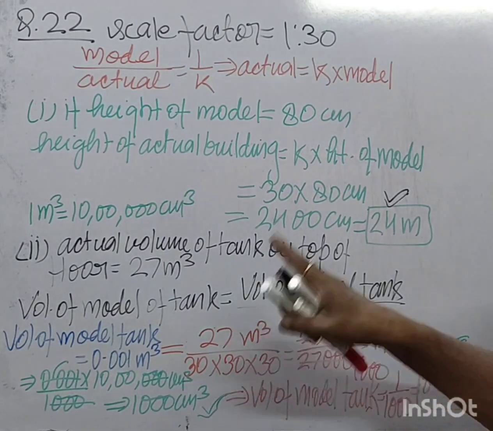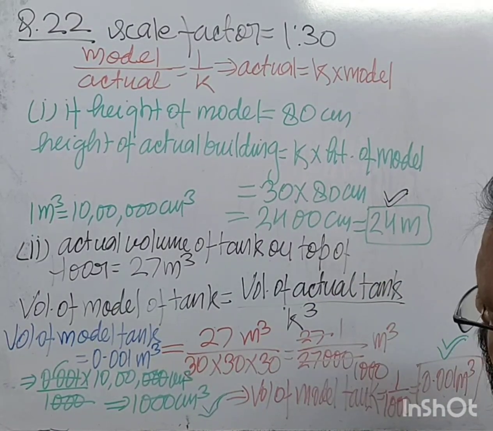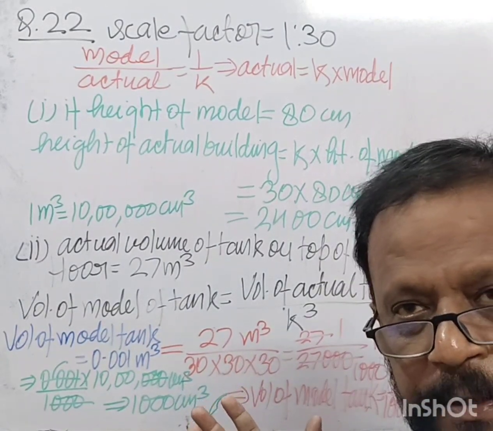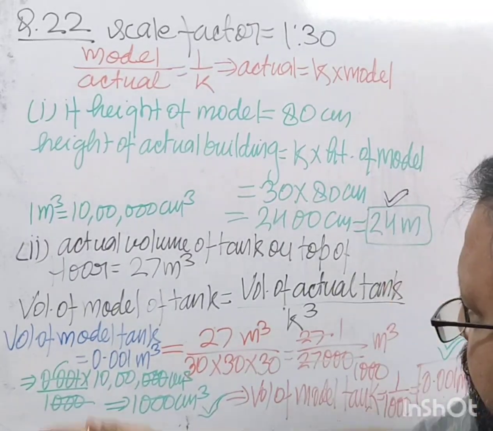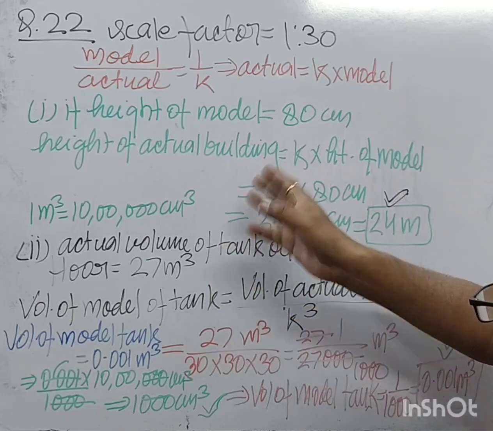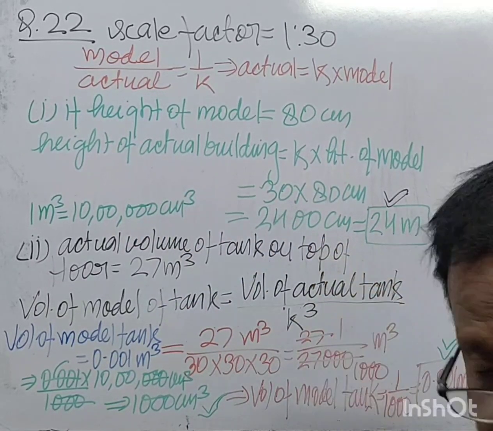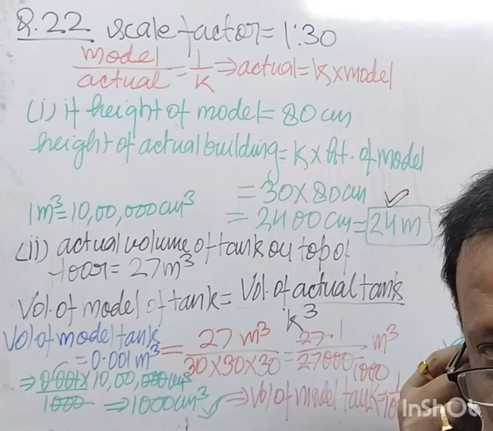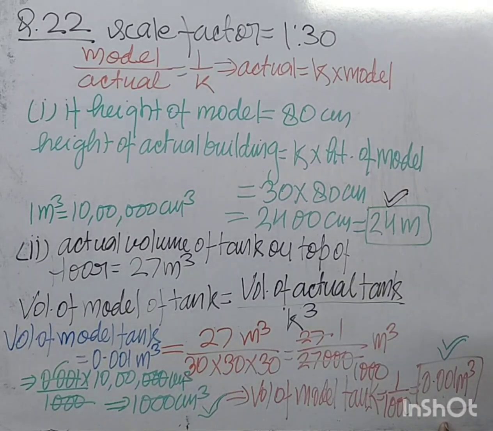Since it is not mentioned in your question in which unit you have to give the answer, but the data is given in height of the model in centimeters, so we get height in meters, and here volume is given in meter cube, so we find the volume of model in meter cubes, right?